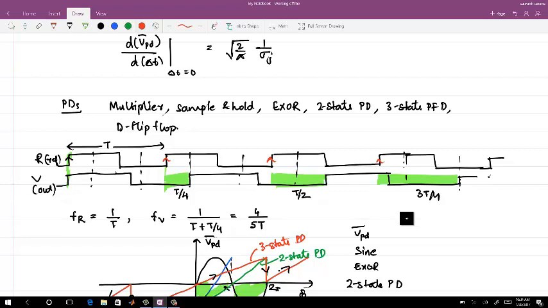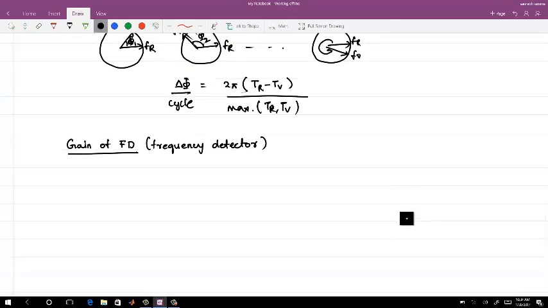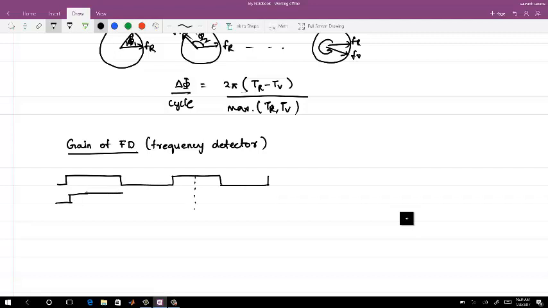Let me plot it separately, it's confusing here. Okay, this is R, this is V, up, down.